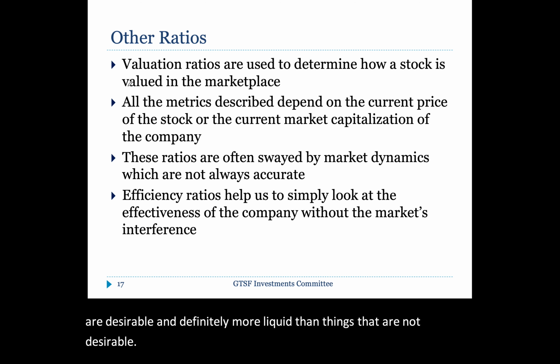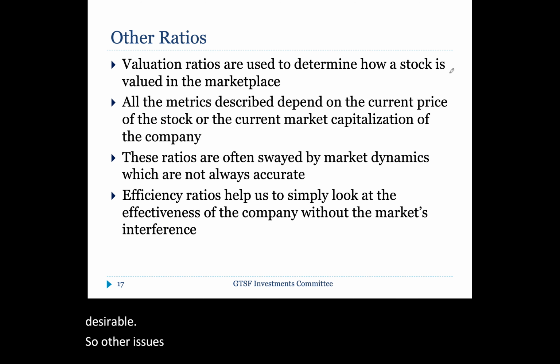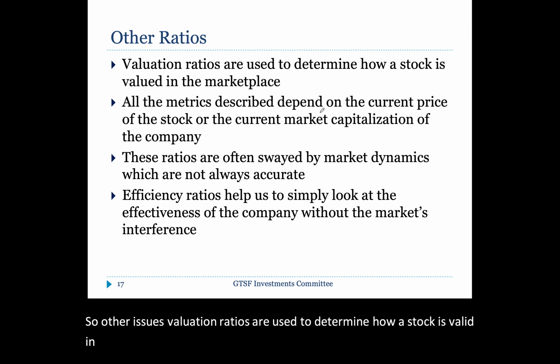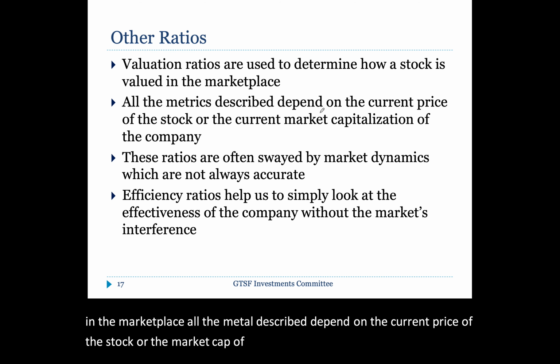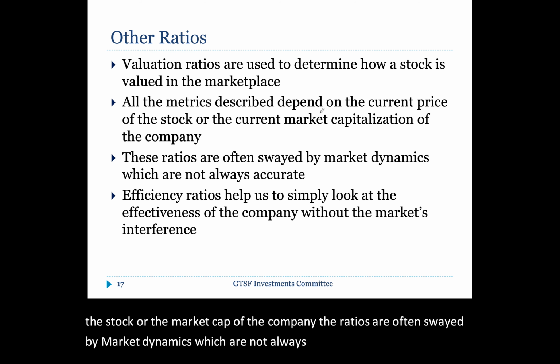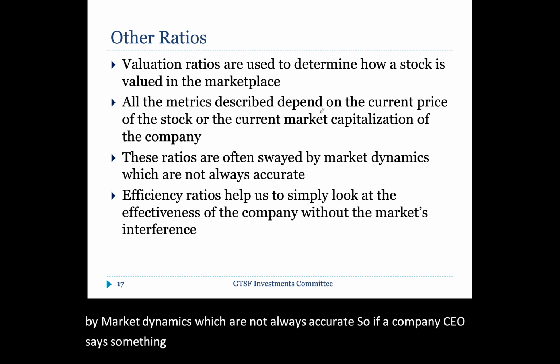So other ratios, valuation ratios, are used to determine how a stock is valued in the marketplace. All the metrics described depend on the current price of the stock or the market cap of the company. The ratios are often swayed by market dynamics, which are not always accurate. So if a company CEO says something, the market may change the stock price, but that may not be accurate.